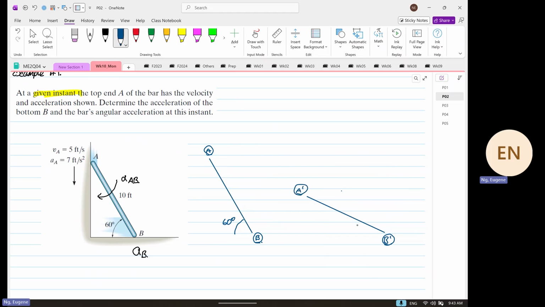Say theta is less than 60 degrees. It seems that alpha AB should be rotating in that direction.